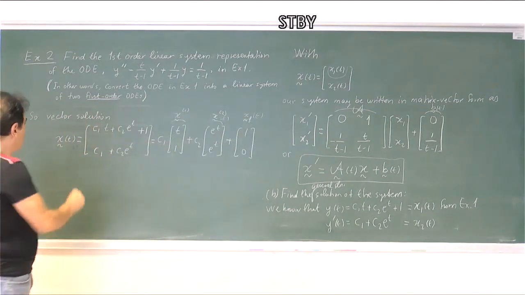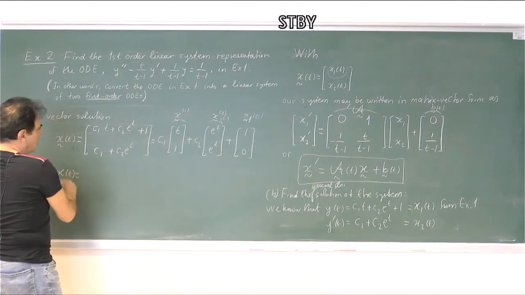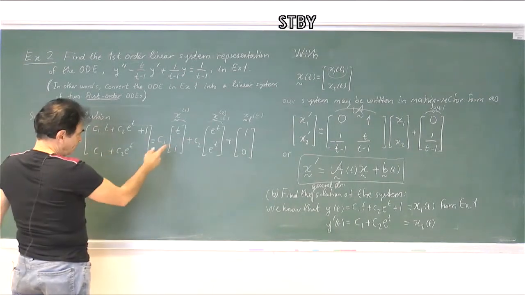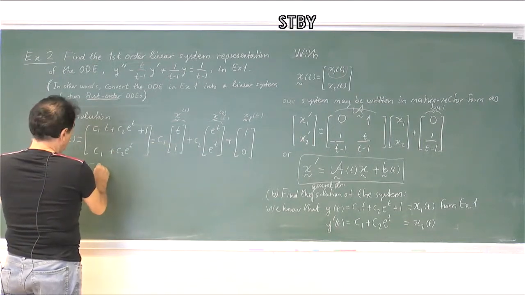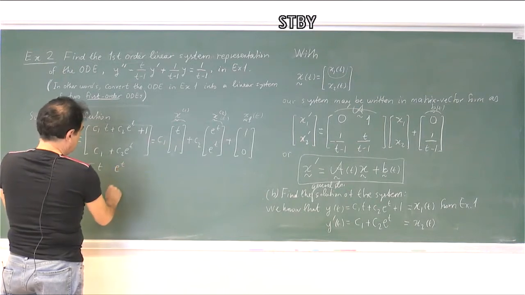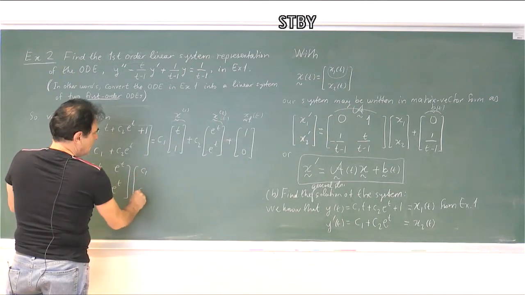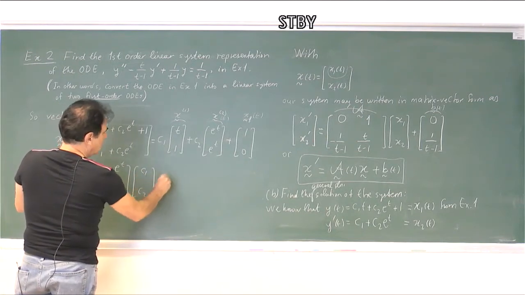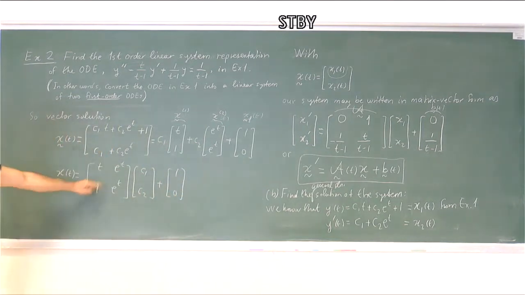Okay? Or in this form, look, the matrix with columns (t, 1) and (e to power t, e to power t) times (C1, C2), plus (1, 0). Good?